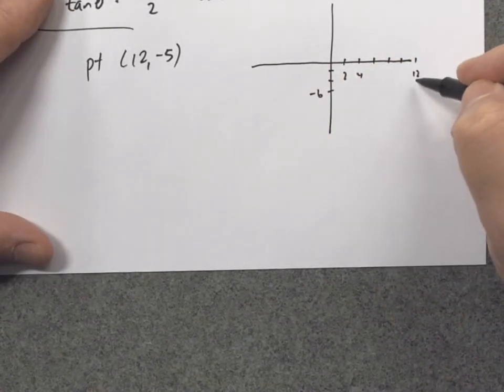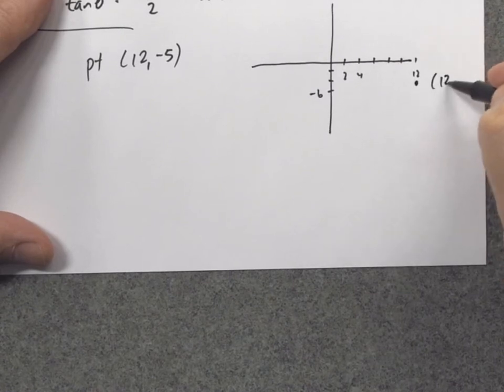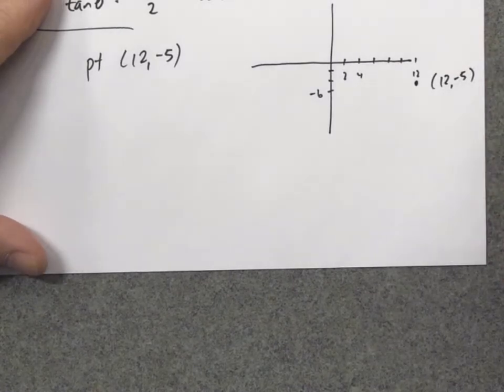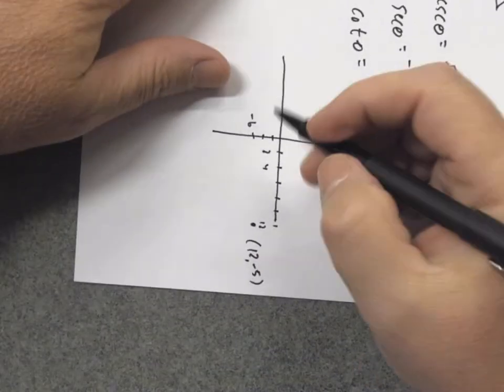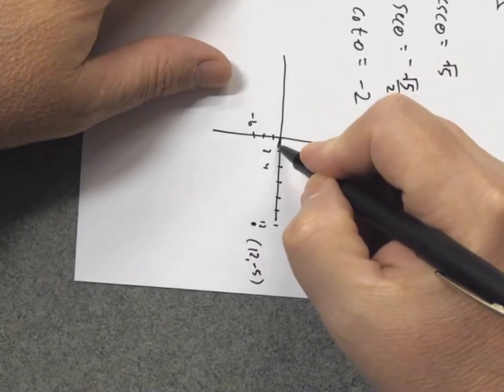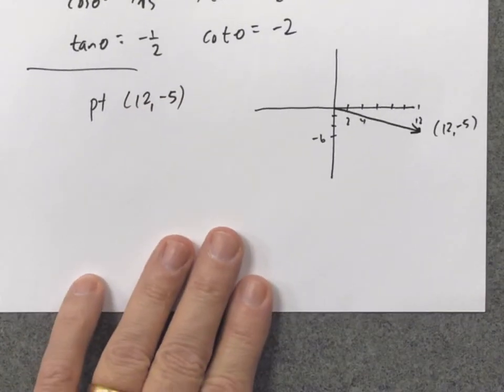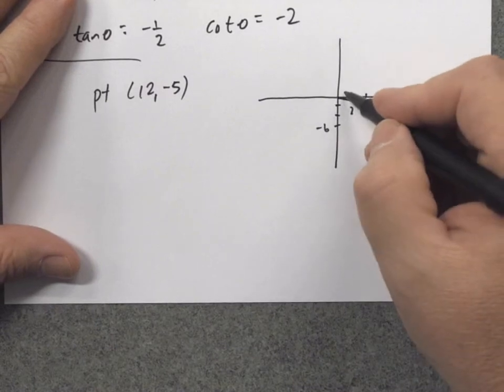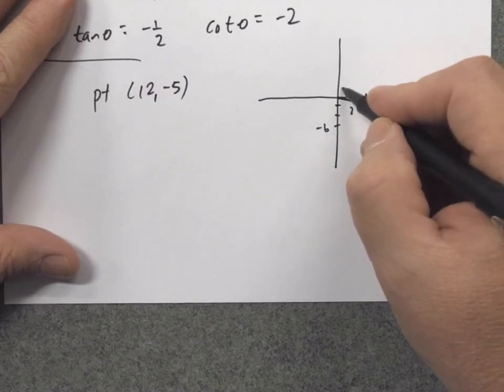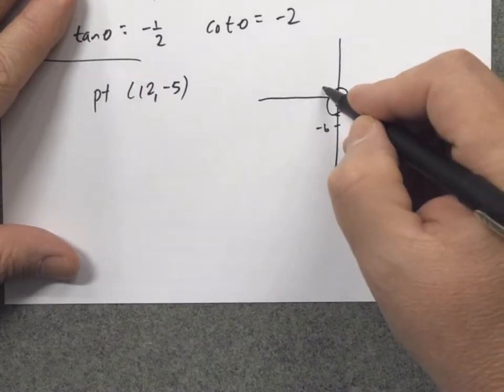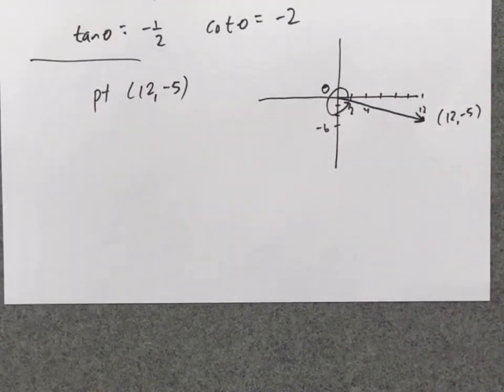So 12, negative 5 is maybe right about here. So what I'm going to do is go from the origin to that point, and in a sense, they're asking me to figure out the 6 trig functions for that angle.